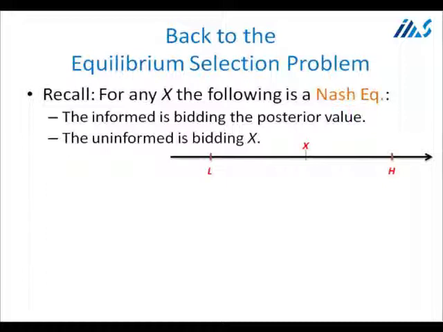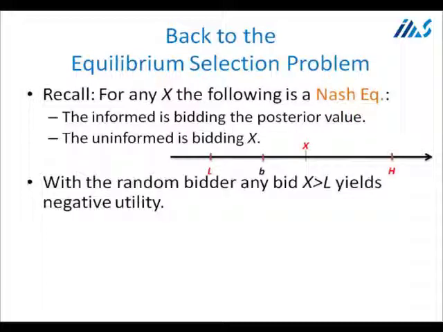So with this tremble, we recall that we have this multiplicity of equilibria. What happens now when we have this tremble? There is a positive probability that the random bidder is bidding anywhere between L and H. So any aggressive bid by the uninformed bidder will result in a positive expected payment. He is going to get an item of value L and going to pay more than L in expectation.